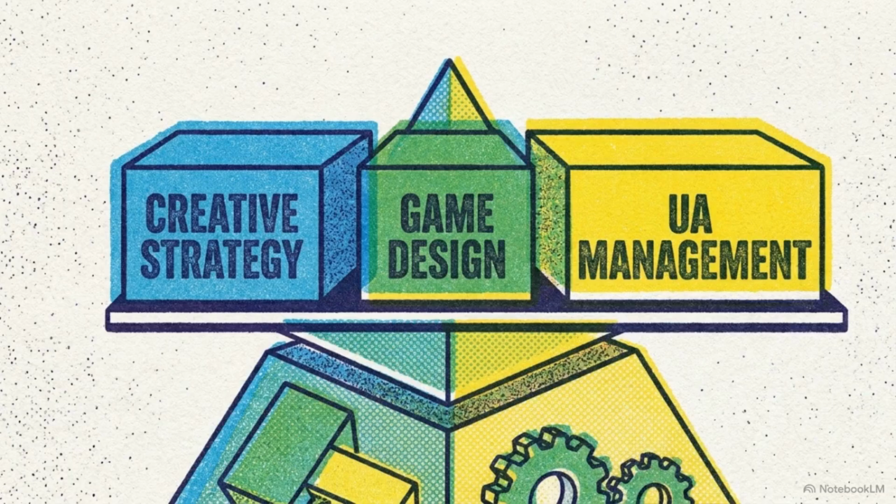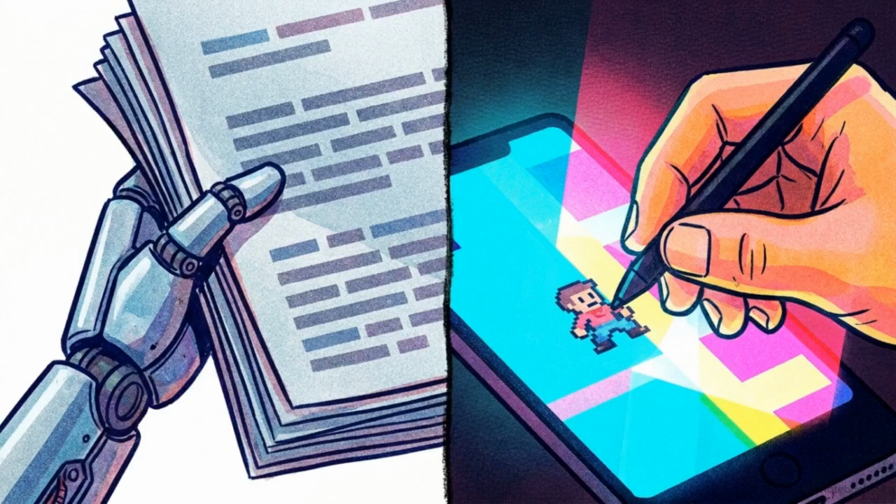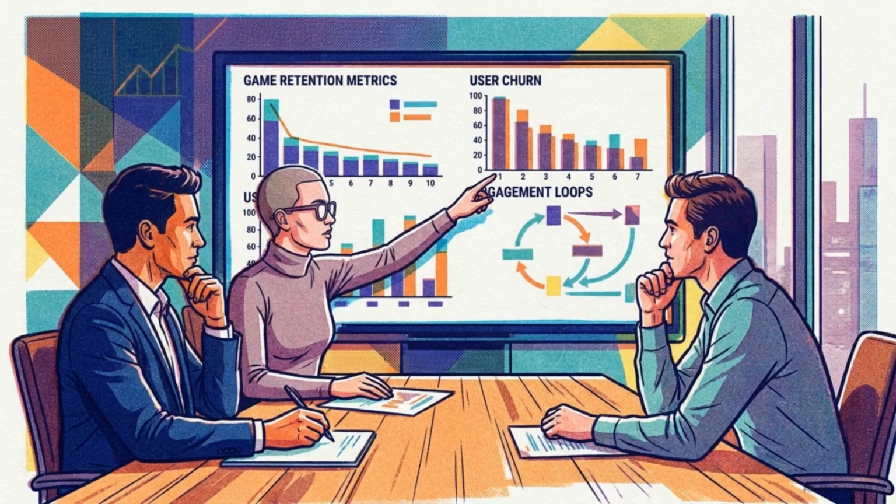They execute a high volume of variations under the strategic guidance of the human leads at the top. Automation is effective at generating captions and iterating on scripts, but it cannot synthesize an understanding of player psychology or the specific nuances of game design. Strategic human insight remains the essential anchor for a successful studio.